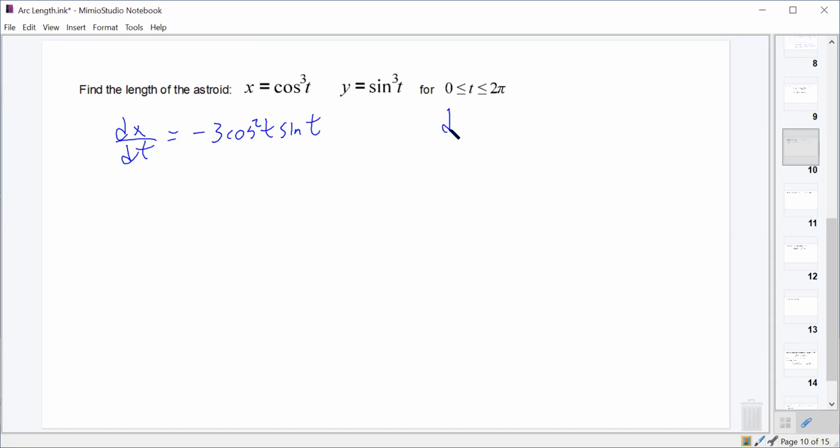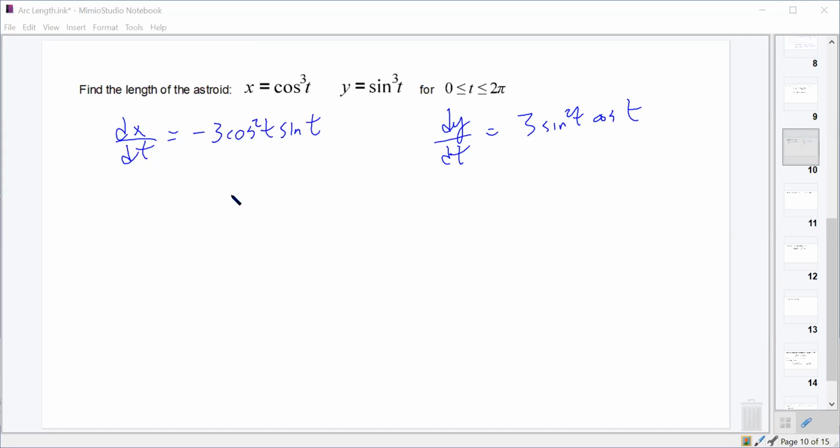And then what about dy dt? Should be 3 sine squared t times cosine t. Yeah? Should be good.